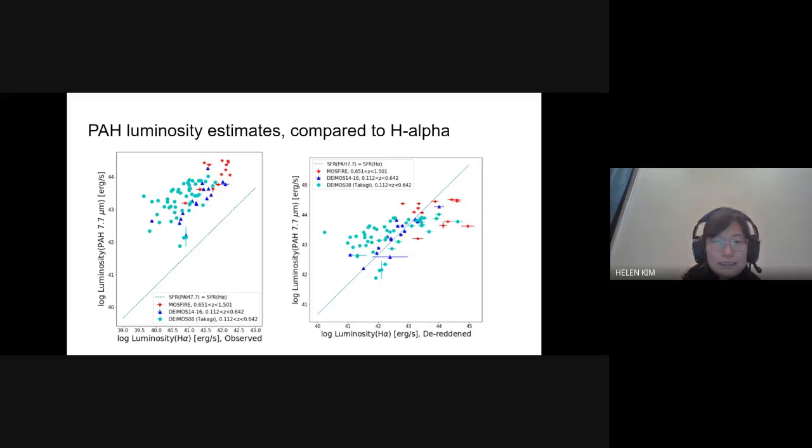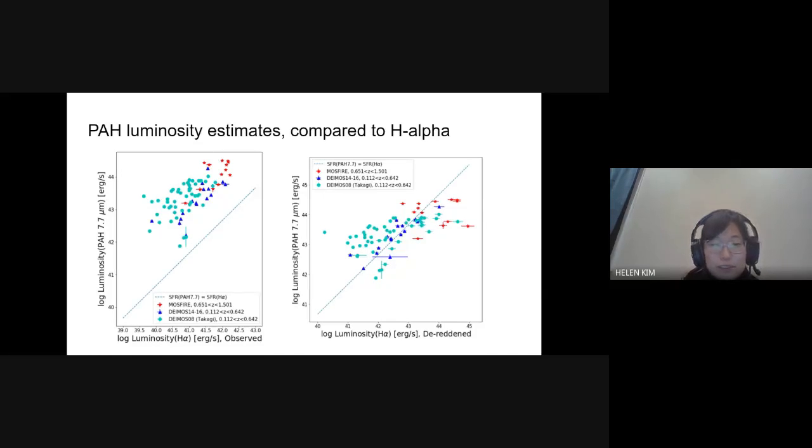So the dashed line represents the relationship where the SFR of the PAH would equal the H alpha star formation rate. And we see that at higher luminosities, the PAH luminosity curves upwards with respect to the observed H alpha luminosity. So this would suggest more dust obscuration.